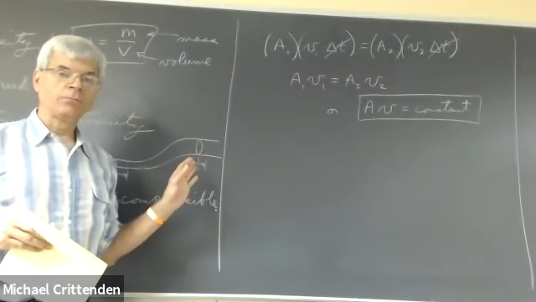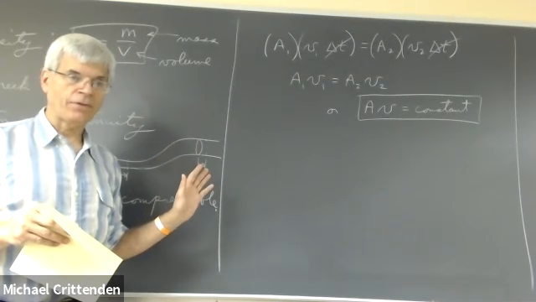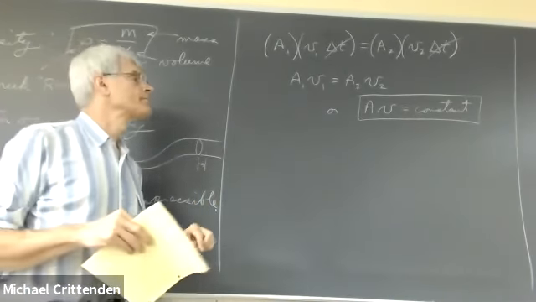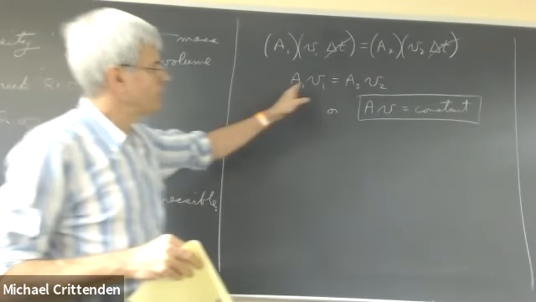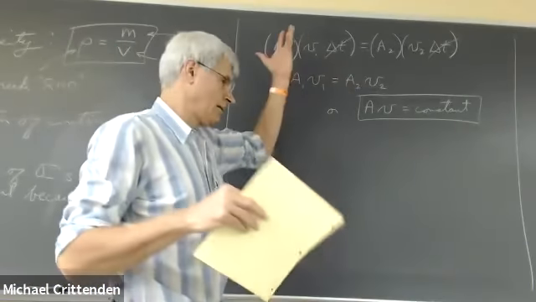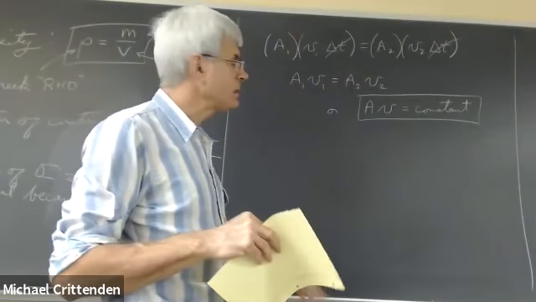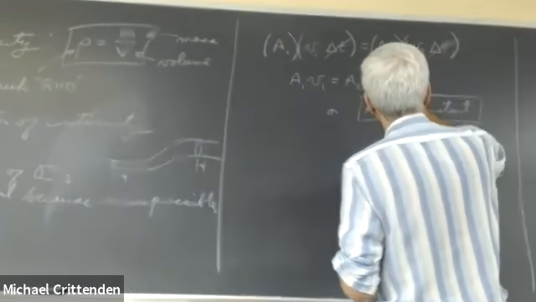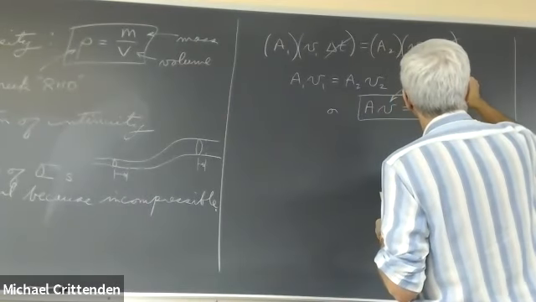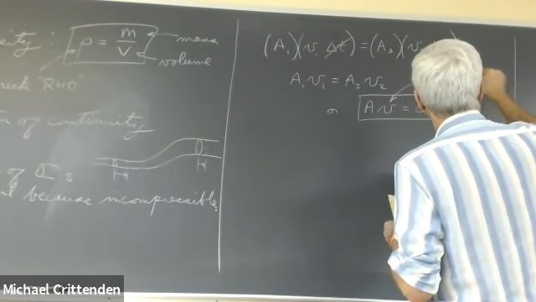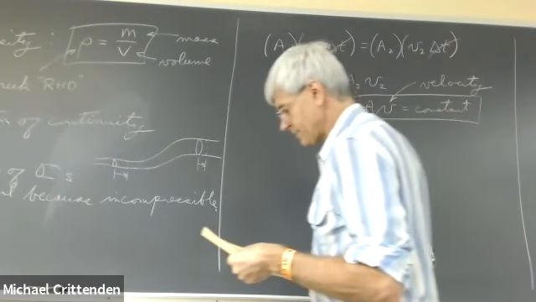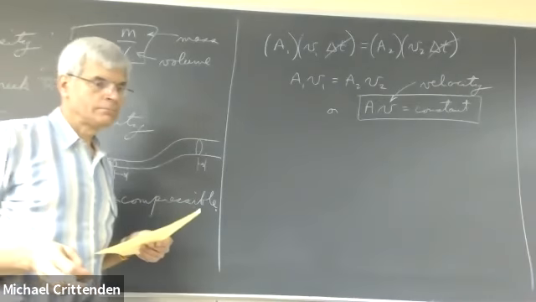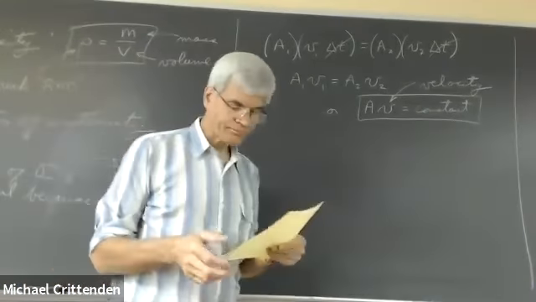A times V multiplies out to give you the same thing at any point along that pipe. So if you compare two different points, or if you compare 7 different points, they'll all be equal for that matter. And let's be clear about the letter V. That's V for velocity, not V for volume.